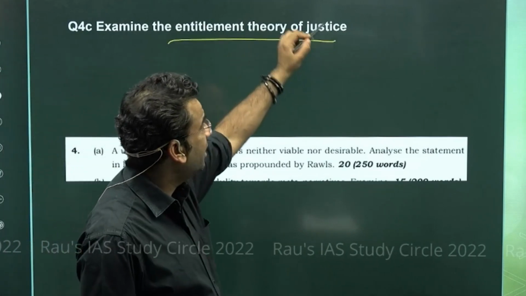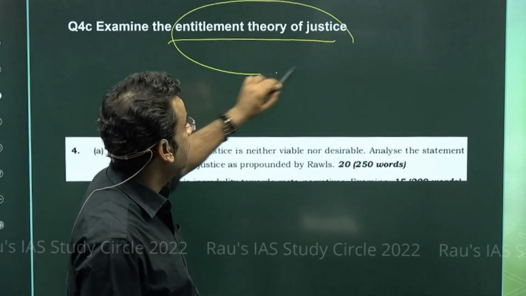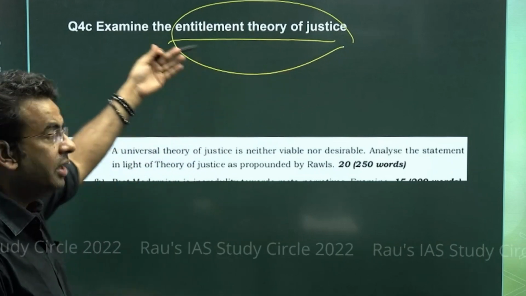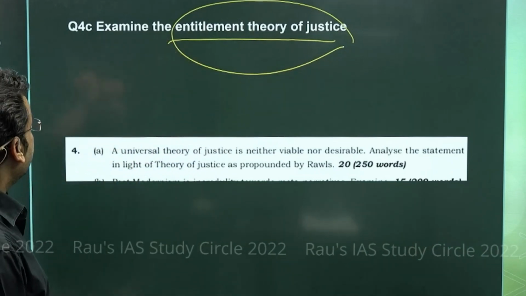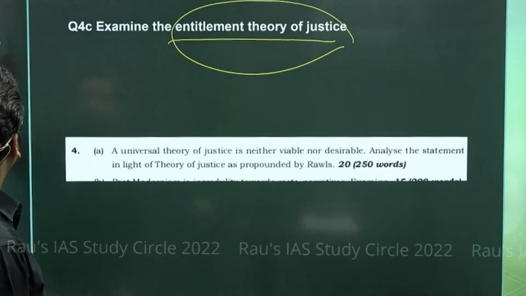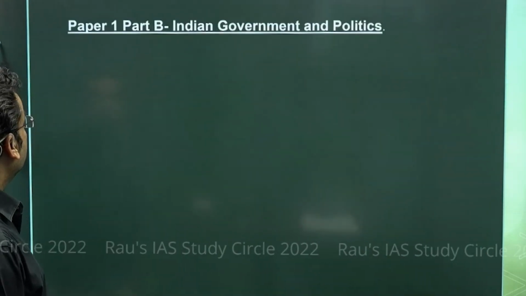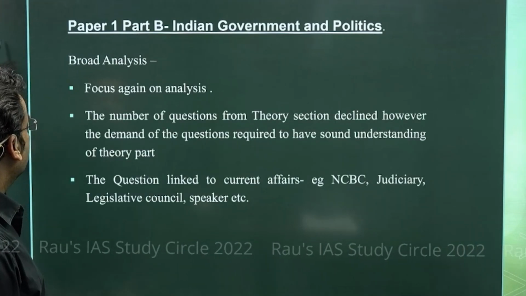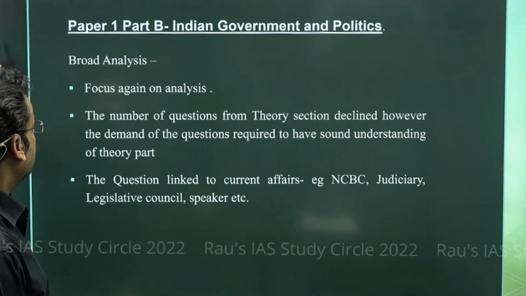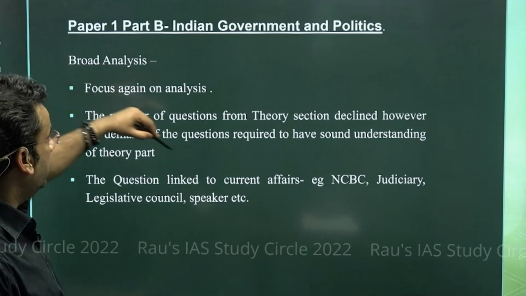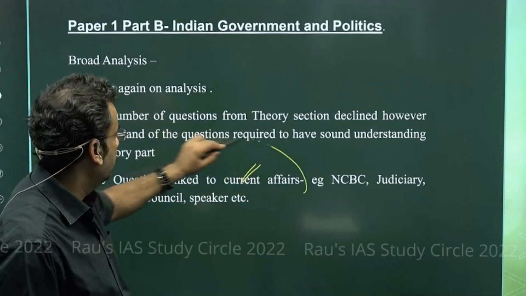Entitlement theory of justice: direct question is there. They have not asked Rawls this year. Rawls they have compared with Ambedkar, and here they have asked the direct theory, entitlement theory. So in IGP, a lot of focus on current affairs.